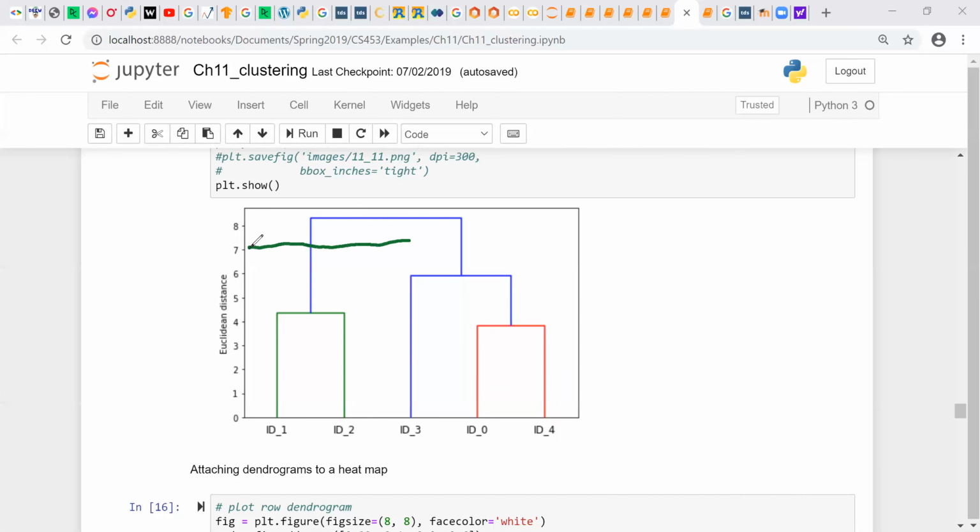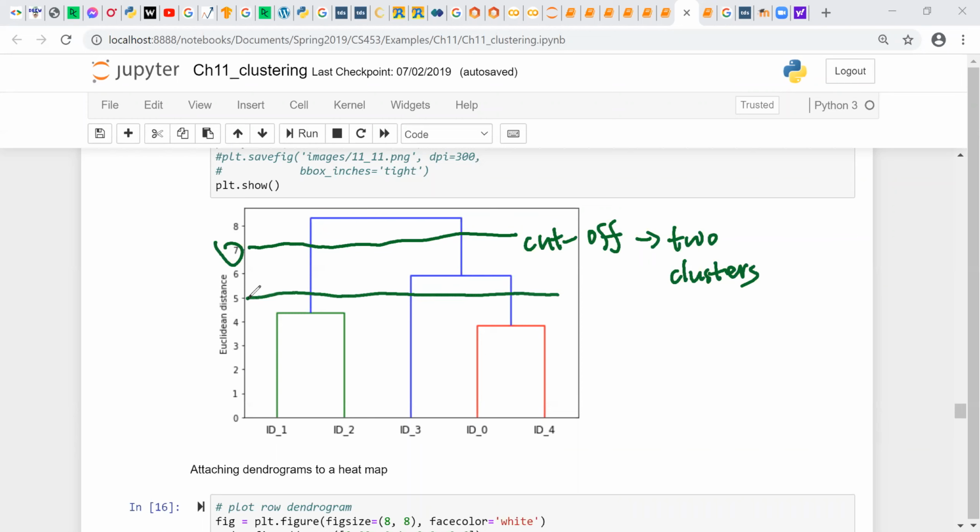If you pick your cutoff distance as 7, then you will have 2 clusters. But if you choose a cutoff distance of 5, then you can have 3 clusters.